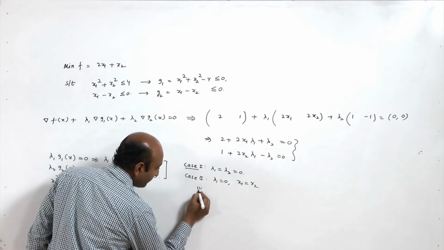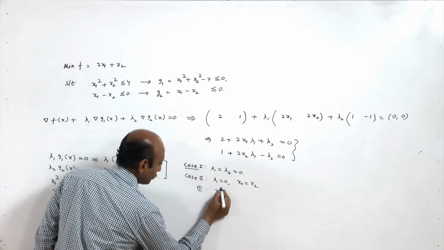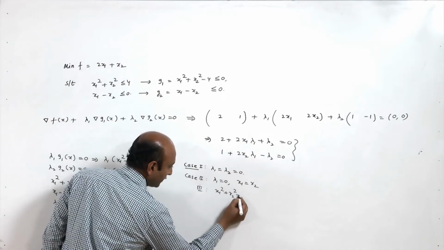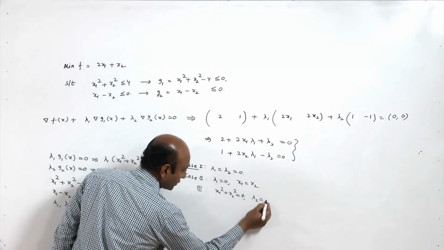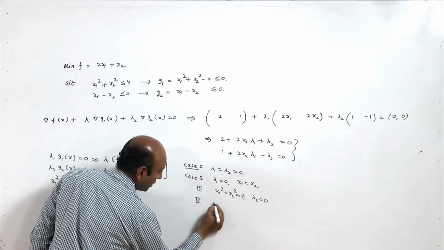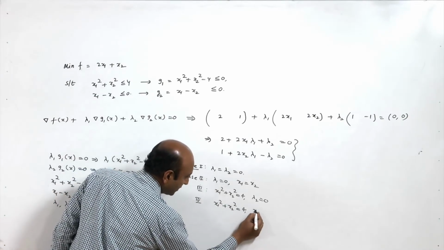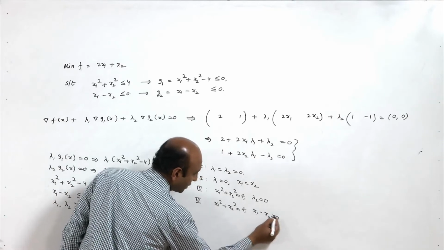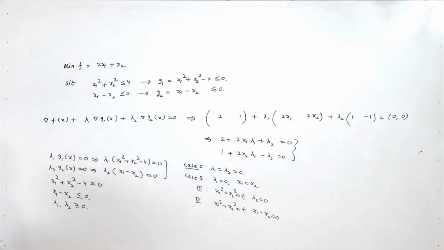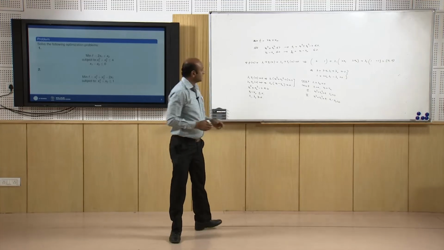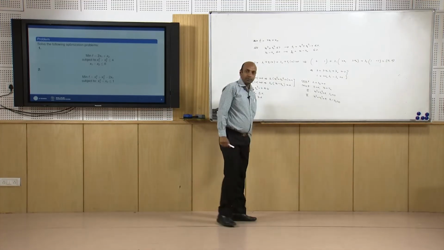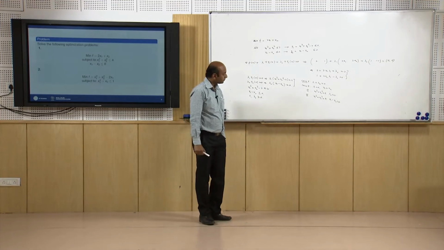Case 3, when x1 square plus x2 square is equal to 4 and lambda 2 equal to 0. And case 4, when x1 square plus x2 square equal to 4 and x1 minus x2 equal to 0. So, these are the only 4 cases which can be obtained from these two conditions.